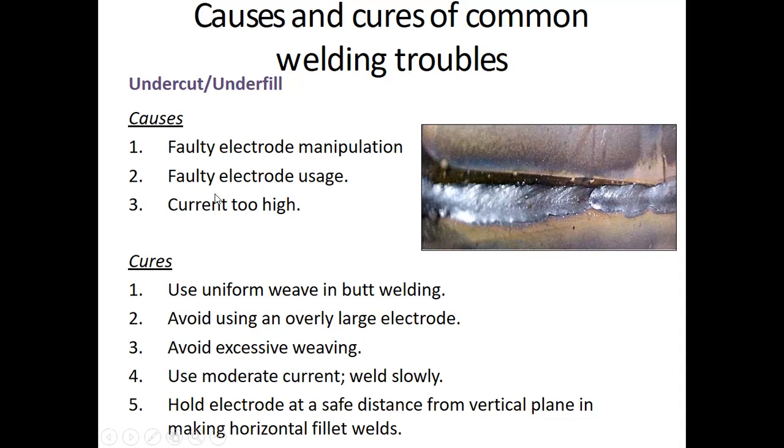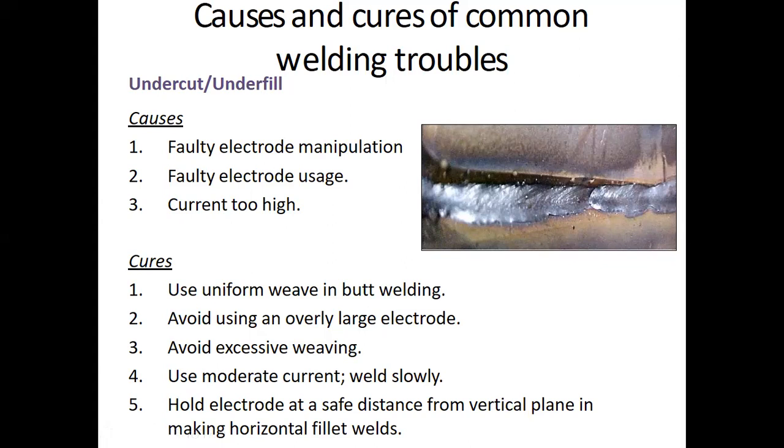That could be this faulty electrode usage, or it could be that you are not using a proper electrode that was required for this combination of the base metals, right? A certain amount of heat or material was required, which is not able to be supplied by the electrode. And current is too high. Even this comes off as a problem when the current is too high.